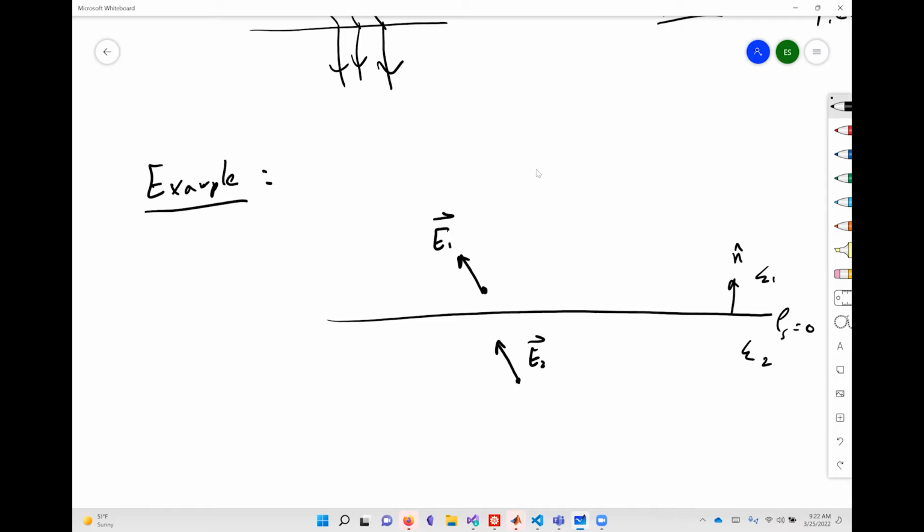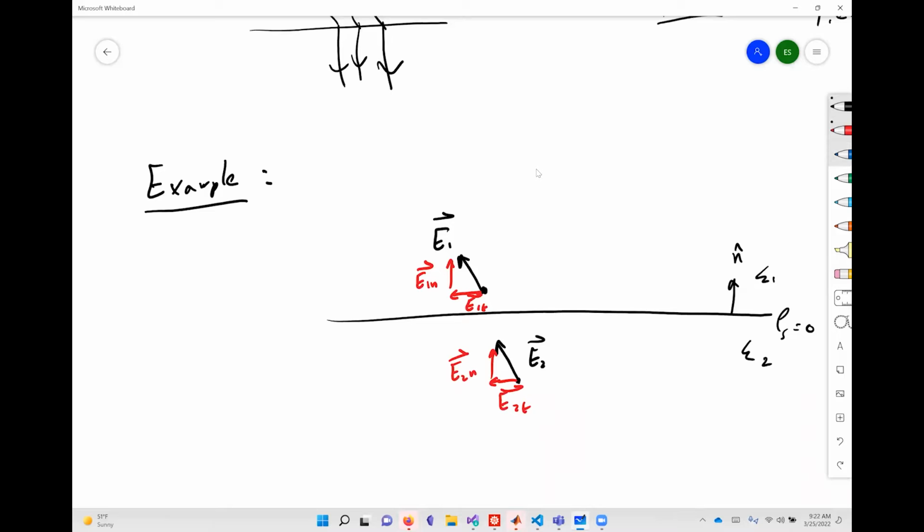Those are really close to the boundary. I'm drawing them far apart just so that the drawing can be clear. And then we said that E1 can be decomposed into a tangential component, E1t, and E1n. And then E2 can be decomposed into a tangential component, E2t, and E2n.